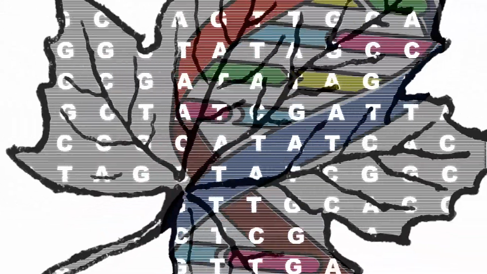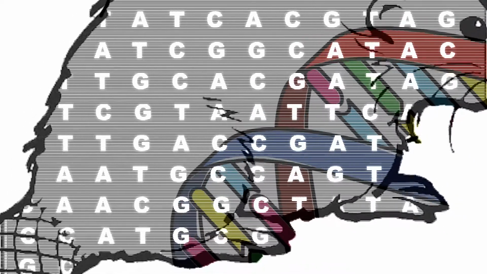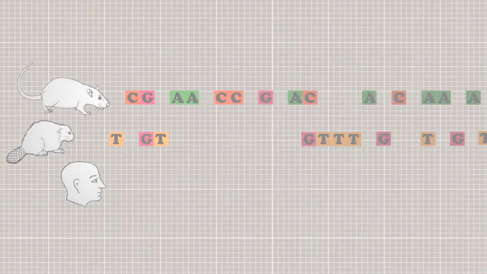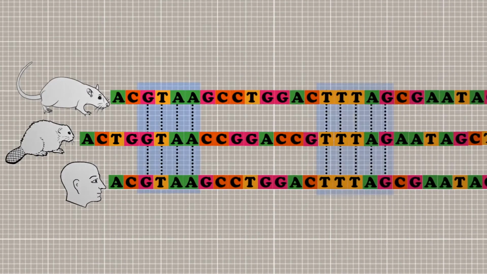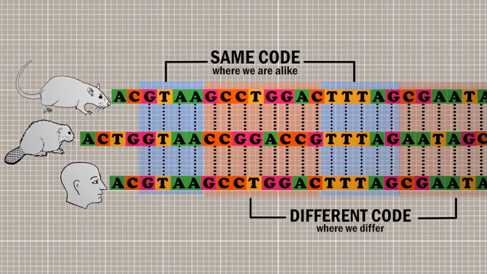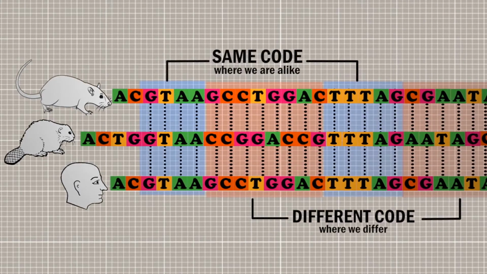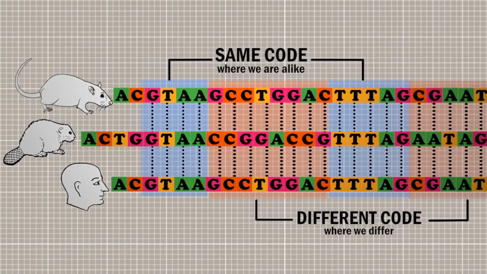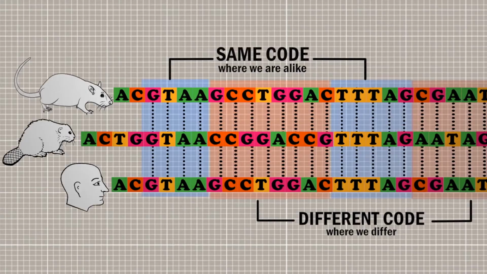And it's just this tinkering of the letters or the gene copy number that occurs through evolution that makes us unique as a species, but also as individuals. So what we're trying to do is find out what those gene sequence differences are between humans and beavers, and humans and rats and mice, for example, to see what contributes to the uniqueness of the beaver species. Then we can also infer what makes us unique.